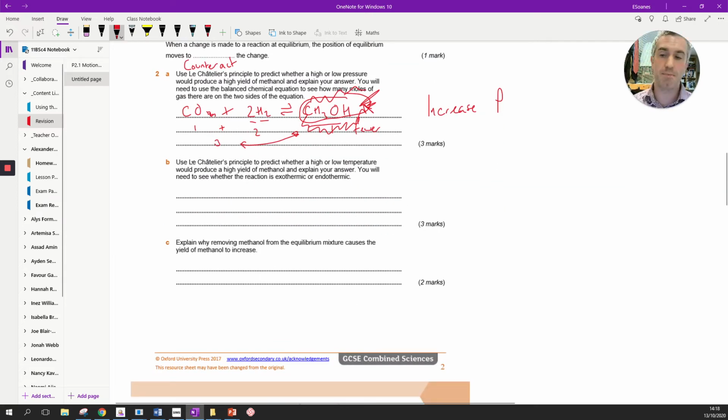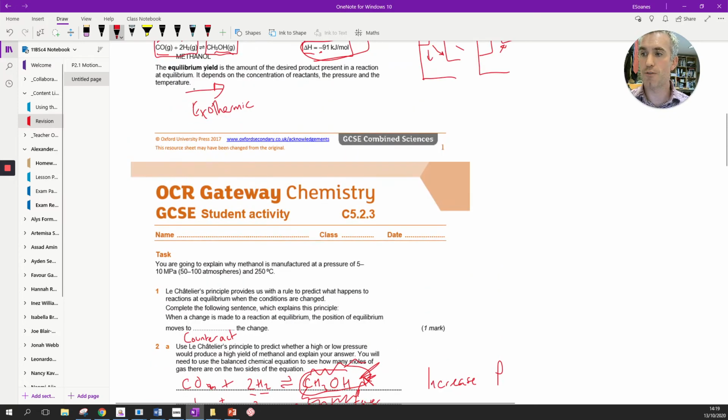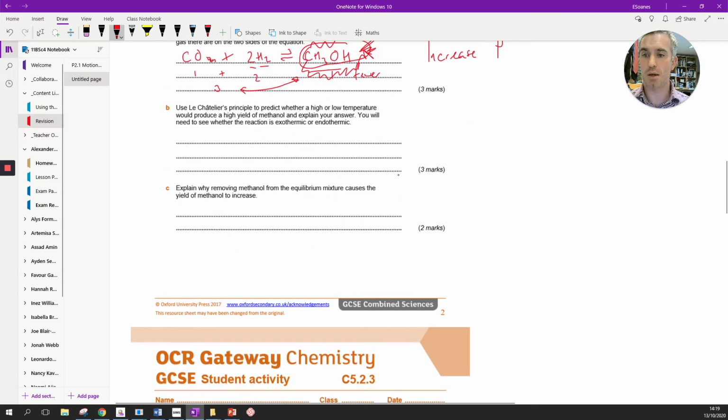Now, B. Let's use Le Chatelier's principle to predict whether a high or low temperature would produce a high yield of methanol, and explain your answer. Okay, remember, the forward direction making methanol is exothermic. Forward, moving to the right, is exothermic.